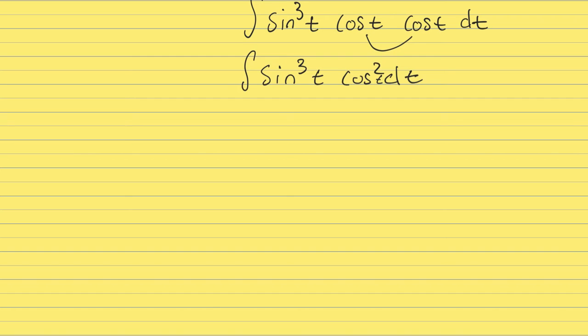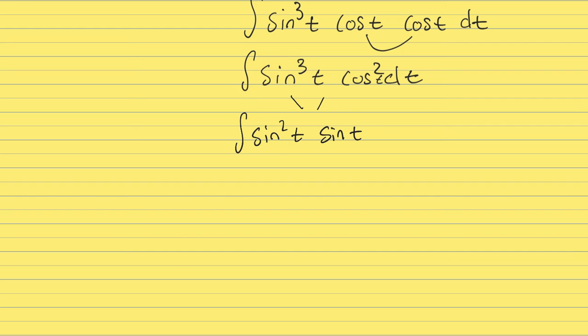So what we're going to do is we're going to look at our sine cubed t and our cosine squared t dt. The only problem with this integral is that sine is an odd power. So we're going to use our trig to split sine cubed into sine squared t and sine t. That's basically the same thing.